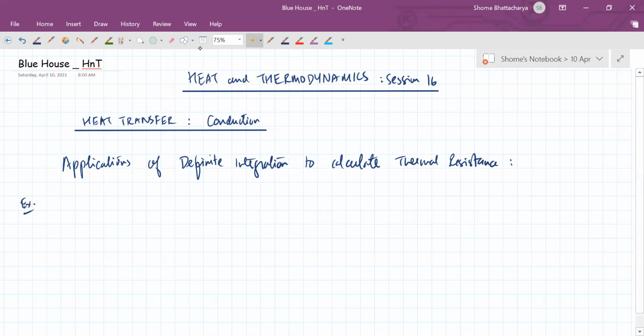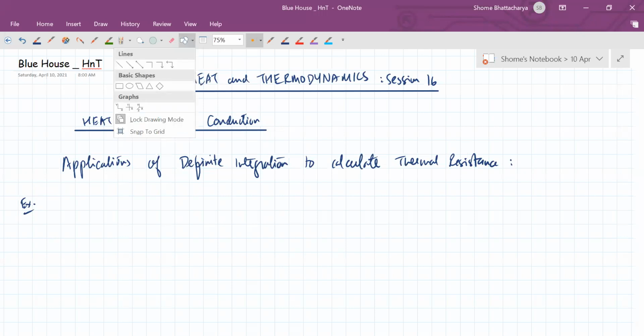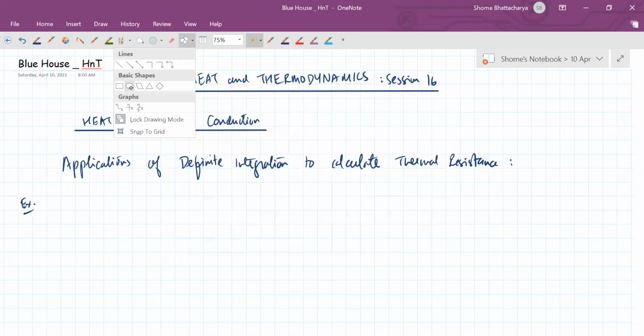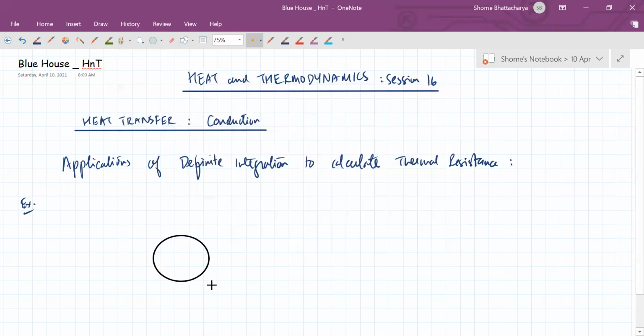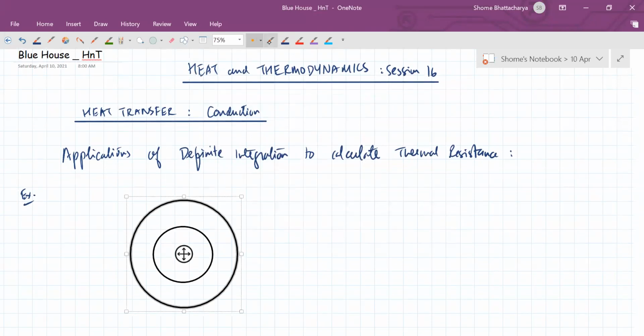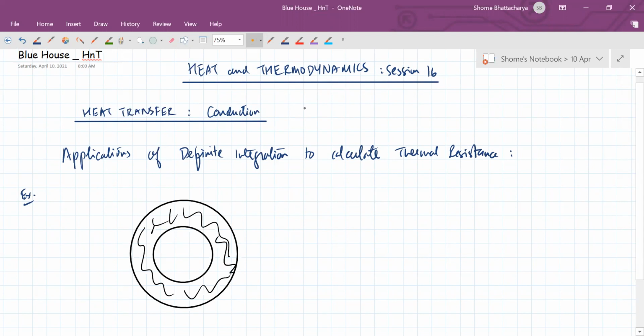Okay, so today we will start with an example wherein we have something like this. We have a spherical shell made of heat conducting material, like a thick metallic spherical shell.